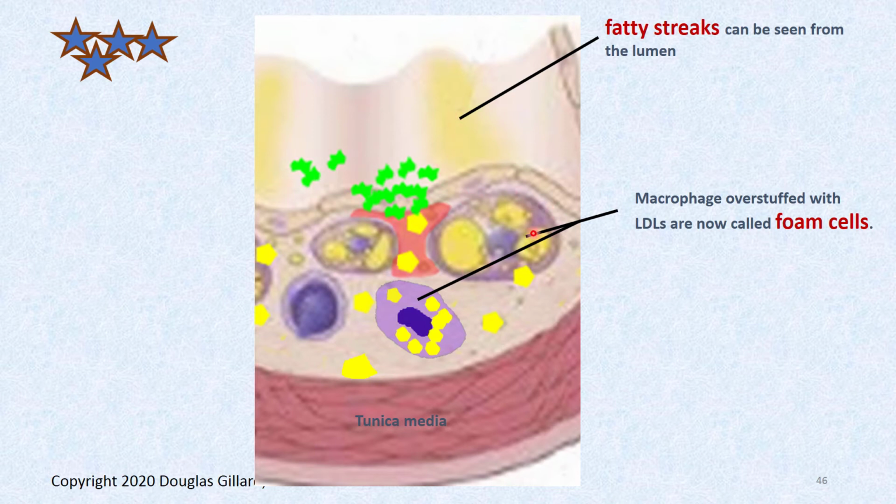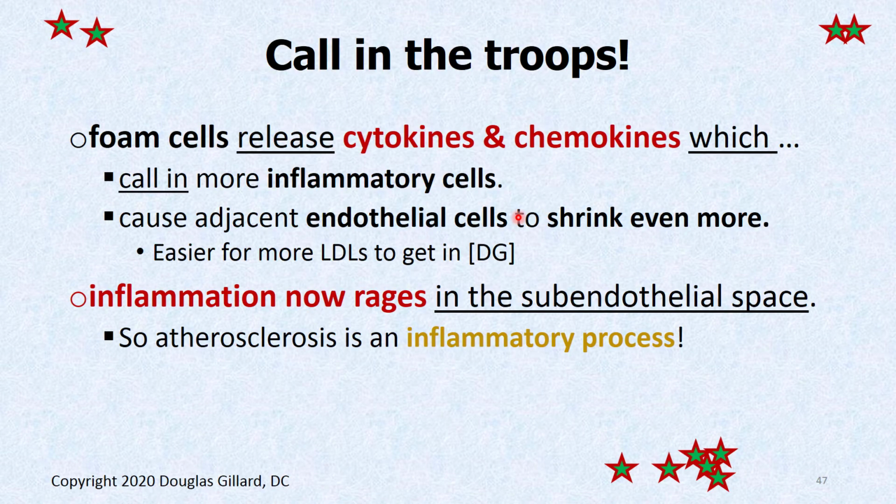So this is a macrophage that's overstuffed. We're calling this a foam cell now. This is a foam cell, another foam cell, and they start to cause bumps in the endothelium because they're so overstuffed. All right, what do foam cells do? They release cytokines, chemokines, and they call in more inflammatory molecules like T cells.